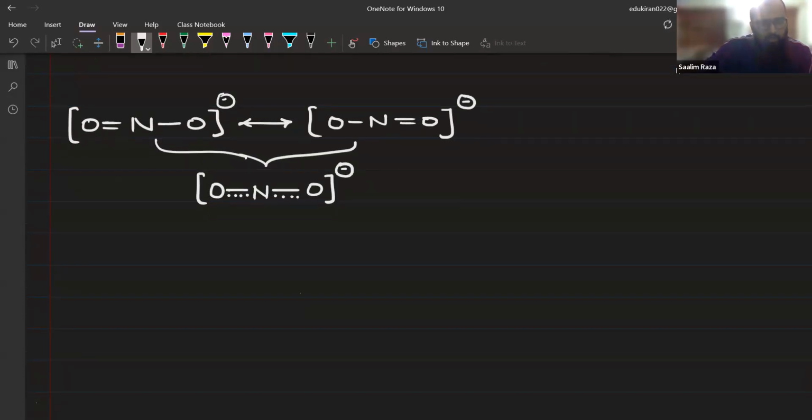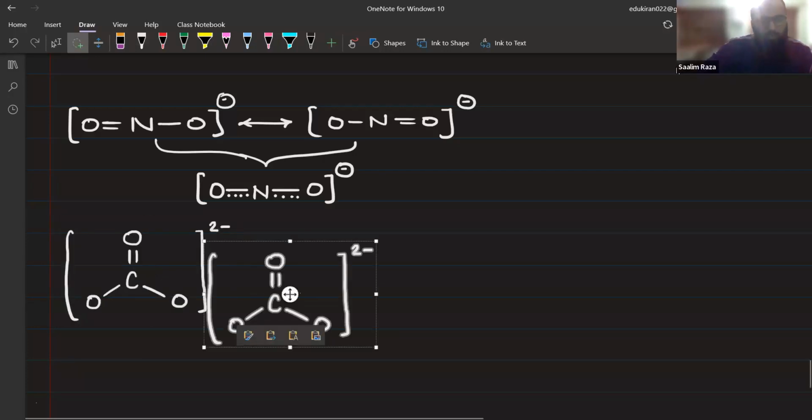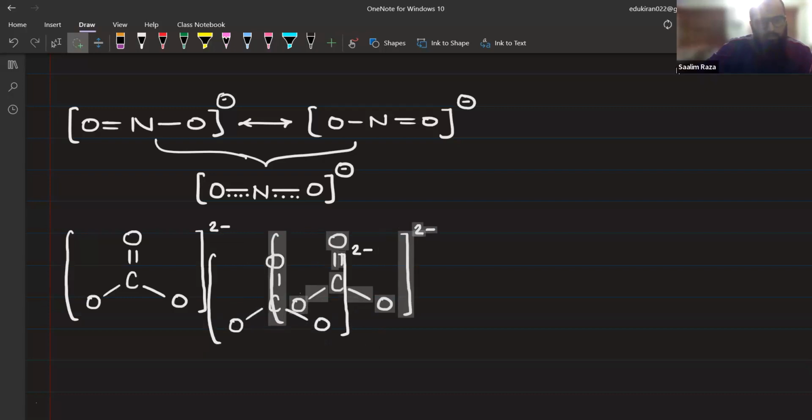Similarly, if I have CO3 2 negative, we have seen one structure: carbon double bond O, with single bonds to the other two oxygens, and two negative charges. Obviously, this particular structure is not the only one. We can write the CO3 2 negative structure like this also.